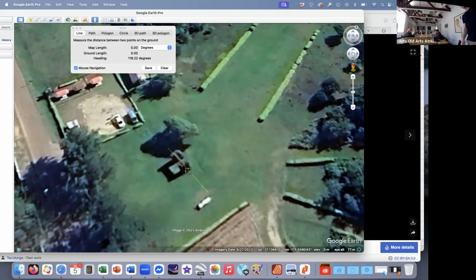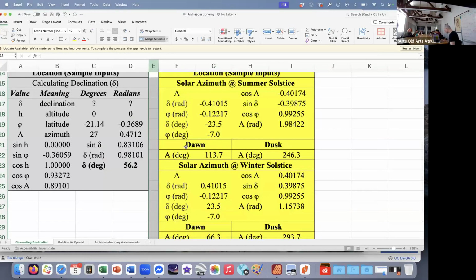We have our azimuth, which you just calculated here, and we have our latitude. You've got everything you need to know. Simply plug those in and it should spit out your answer. If you're looking at this equation, you only need those two factors anyway: your azimuth and your latitude.